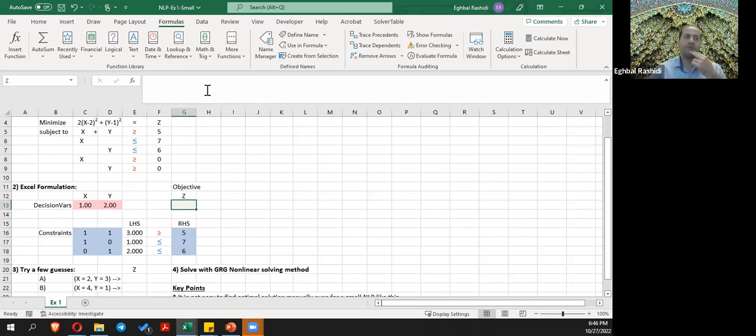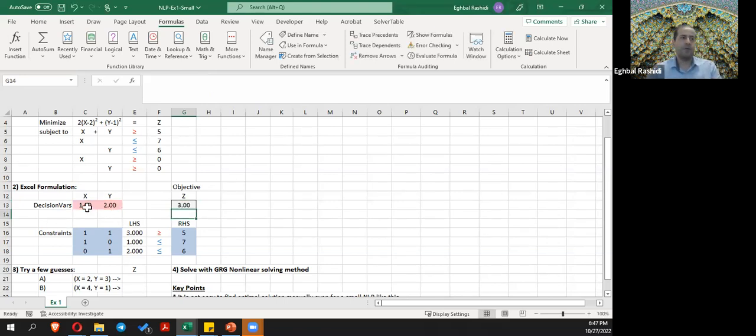And we're going to write our objective function. So the objective function should be 2 multiplied by x minus 2 squared plus y minus 1 squared.